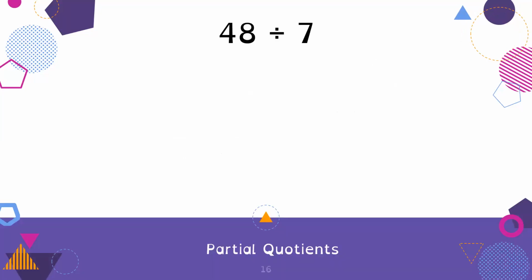Our question today is 48 divided by 7, and we are using the strategy of partial quotients. I really like this one. It looks like long division when you're writing it down, but we aren't thinking about it in the same way as long division. We're thinking about it in terms of logical math grouping.